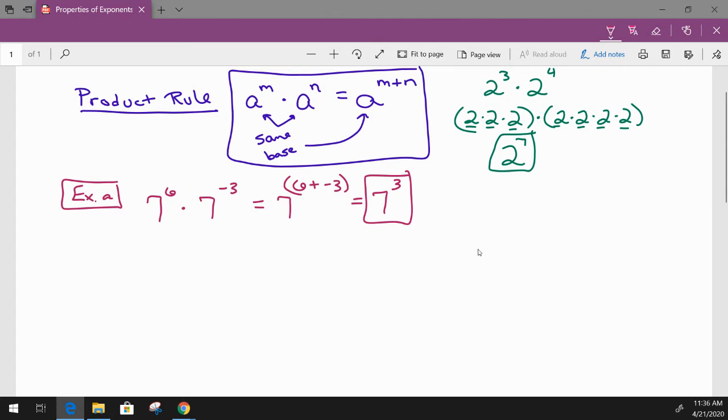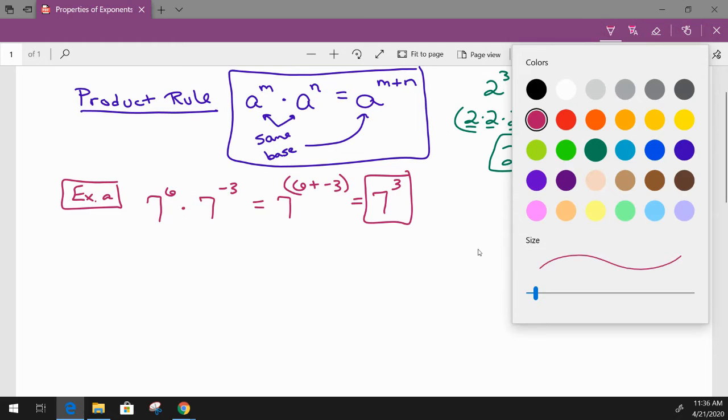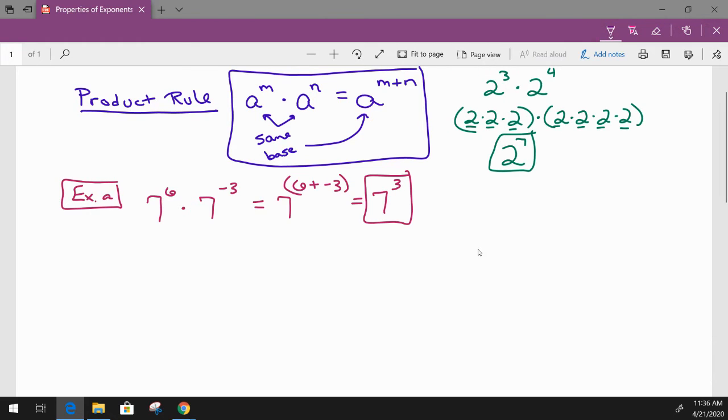So let's do another example, example B. But you're told to leave your answer in the form b to the nth power.